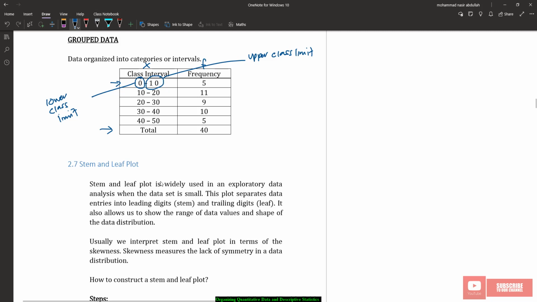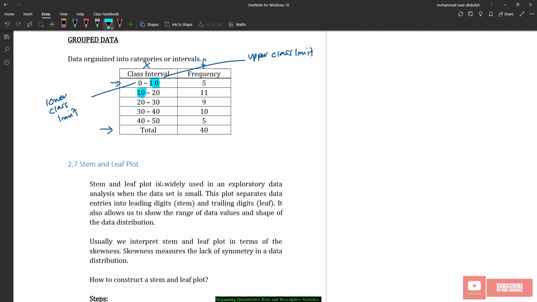If you notice here, the upper class limit for the first class is equal to the lower class limit of the second class.